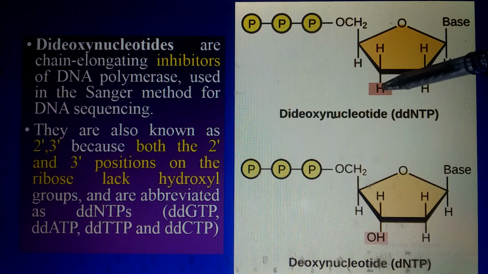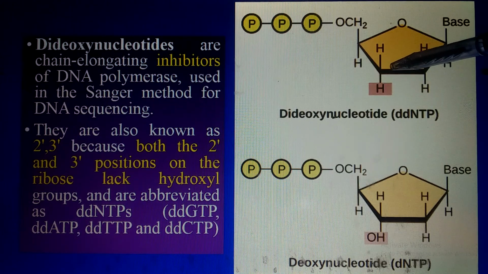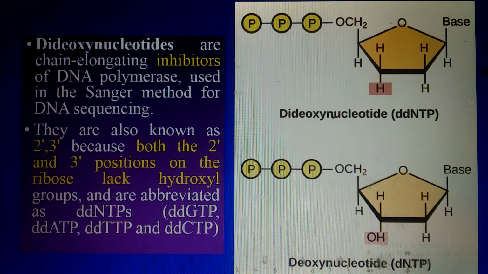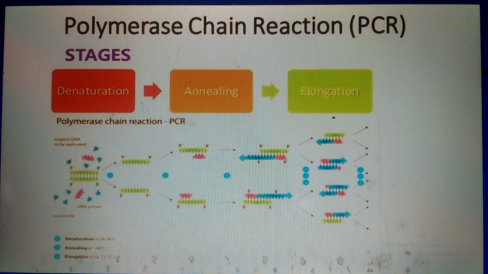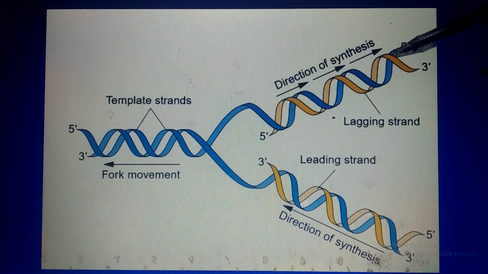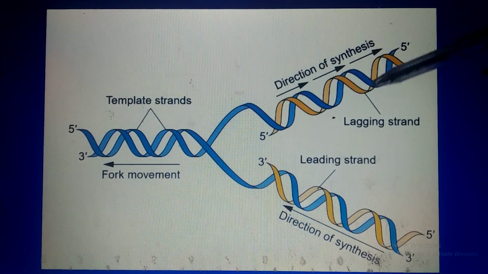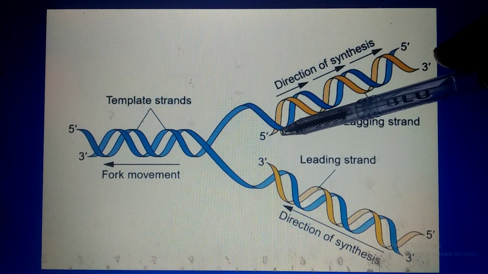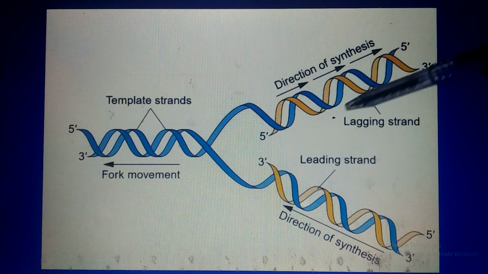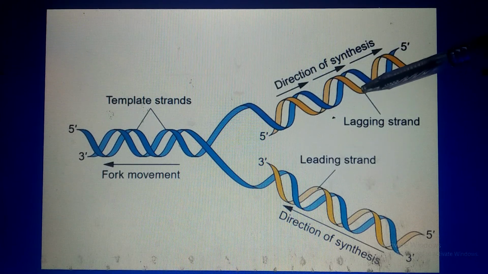DNA synthesis stops if the dideoxyribonucleotide attaches to the single stranded DNA during DNA replication or DNA synthesis. Is it clear? If this dideoxy attaches here, I'm showing you like this. This is the single stranded DNA, and you know that during replication, the second daughter strand is produced along this parent strand from 5 to 3 end, with the addition of deoxyribonucleotides.